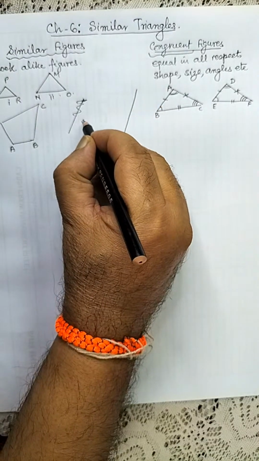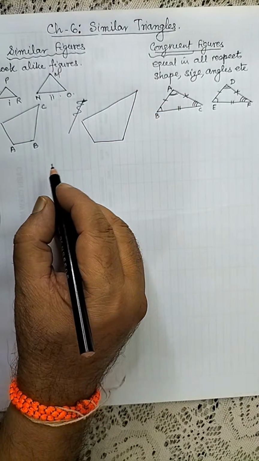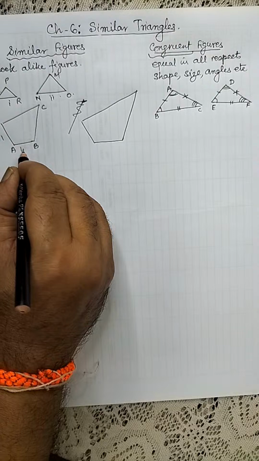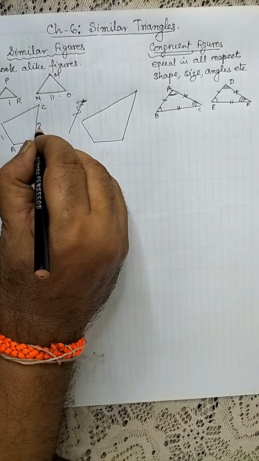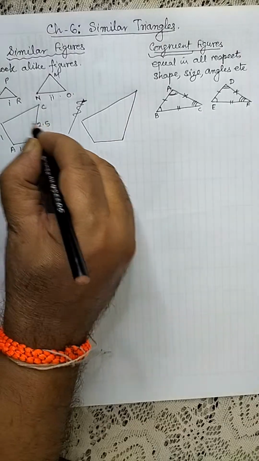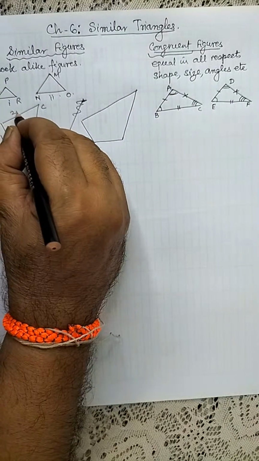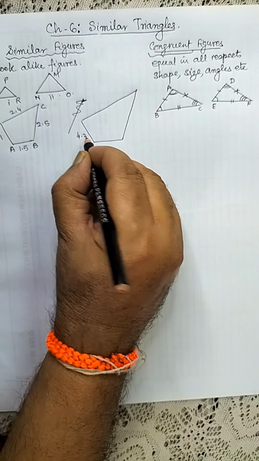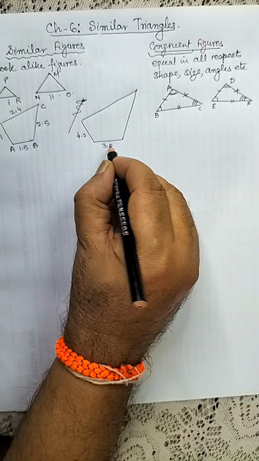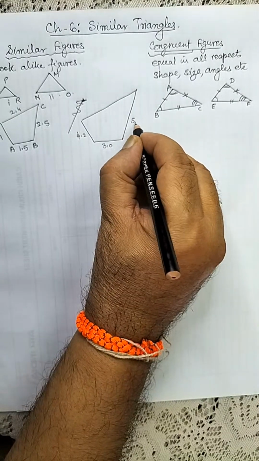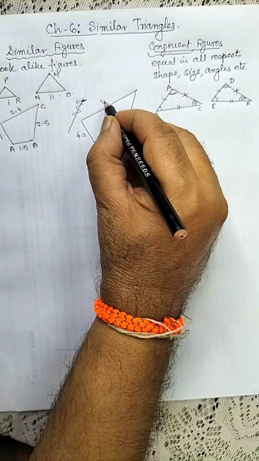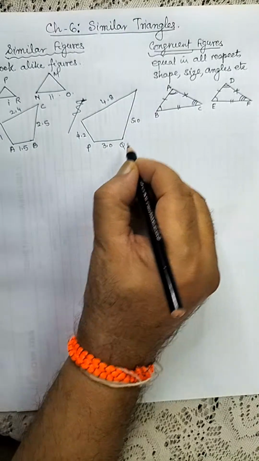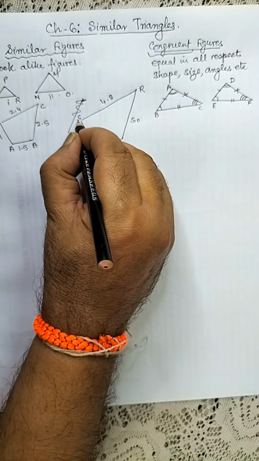If this side is suppose 2.1 units, this is 1.5, this is 2.5, this is 2.4, and in this one, this is 4.2, this is 3, this is 5 units, and this is 4.8 units. Let me name this also as P, Q, R, S.